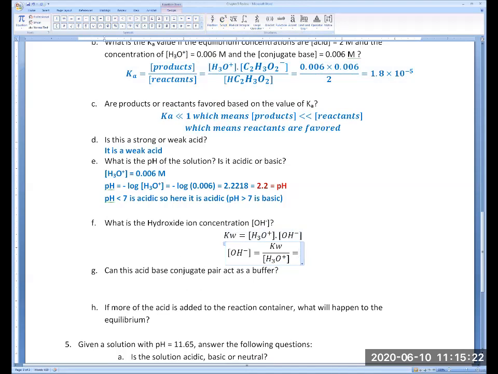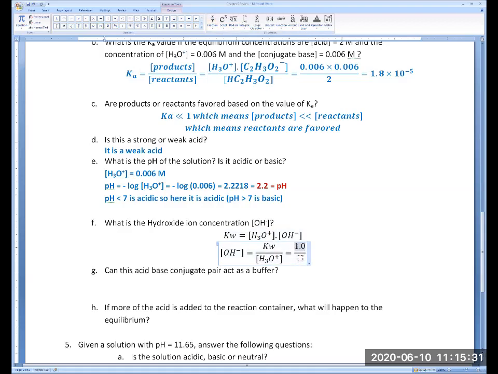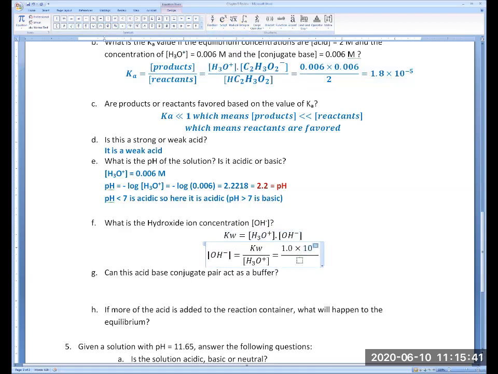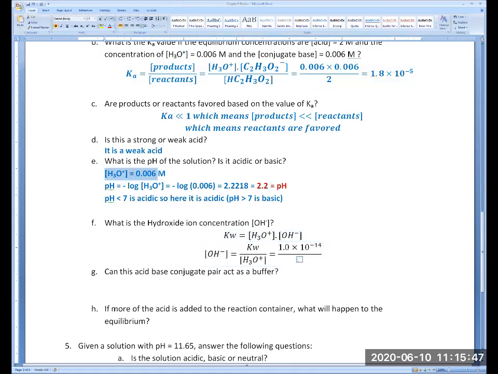And now we can plug in the values because both Kw and H3O plus are known. Kw is 1.0 times 10 to the negative 14, and the H3O plus was 0.006.